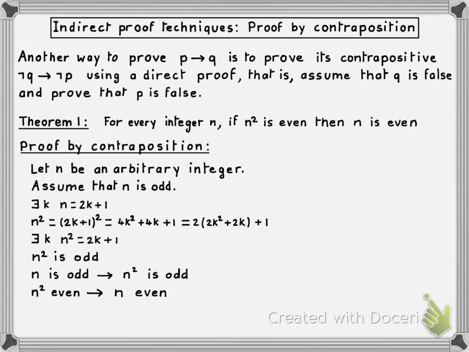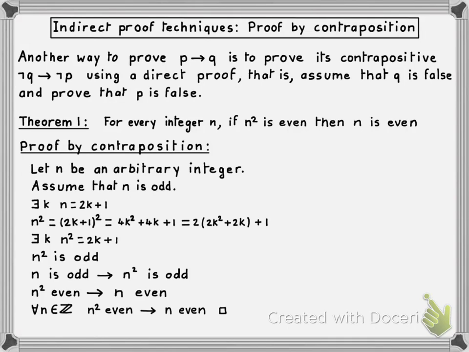But remember, we're not quite there yet, because here n is universally quantified, whereas here n is a specific but unknown integer. So the last step we need to perform is universal generalization to infer that for every integer n, we prove that if n squared is even, then n is even. And that concludes our proof by contraposition of this theorem.